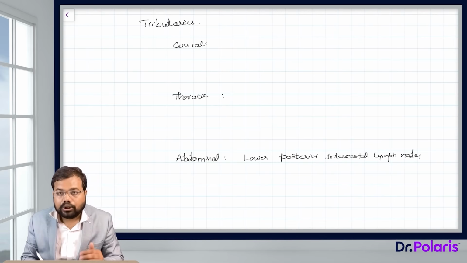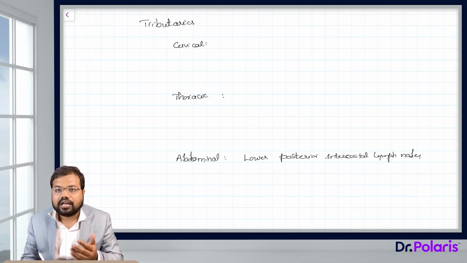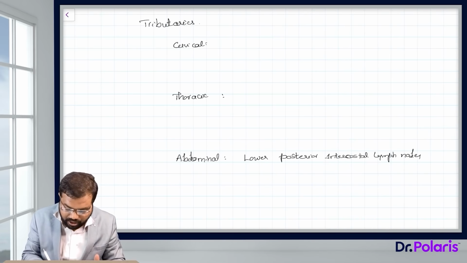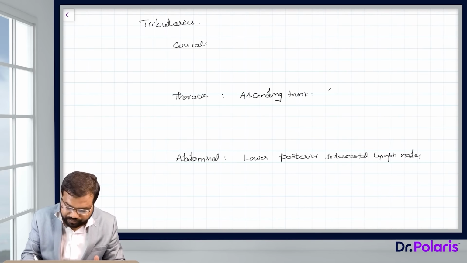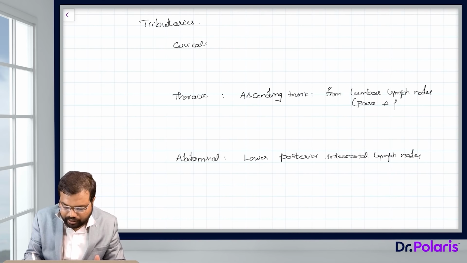Whereas in the thoracic region, it will collect from the ascending trunks, descending trunk, and the posterior mediastinum. What is the ascending trunk? Ascending trunk is the one which collects from lumbar lymph nodes, simply to say, para and pre-aortic group of lymph nodes.